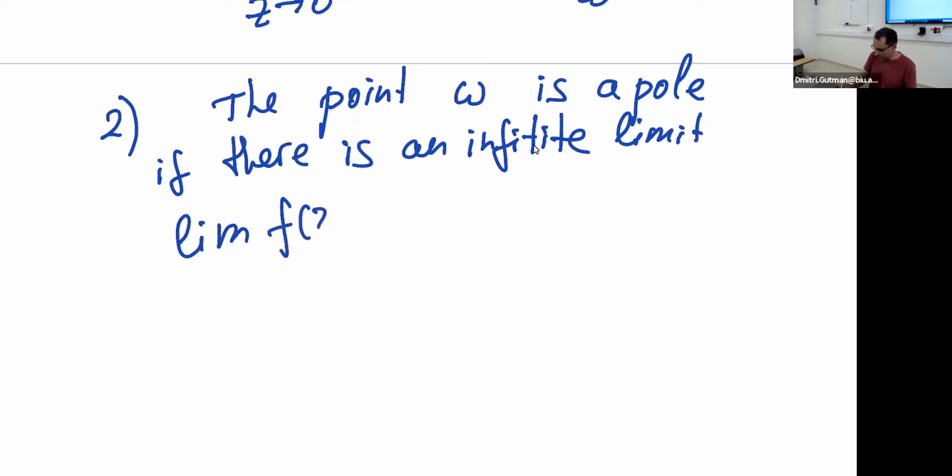So f of z as z approaches W approaches a point that we call infinity. If this limit exists and is equal to infinity, then we call the point W a pole of the function f of z in the complex plane.